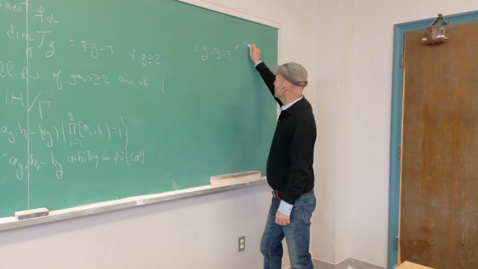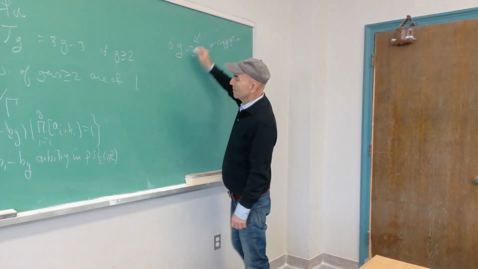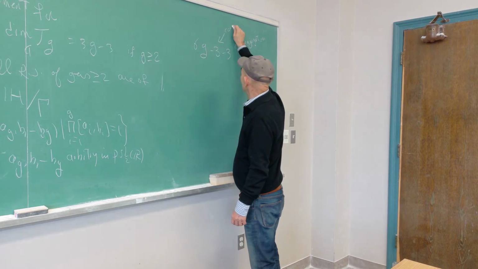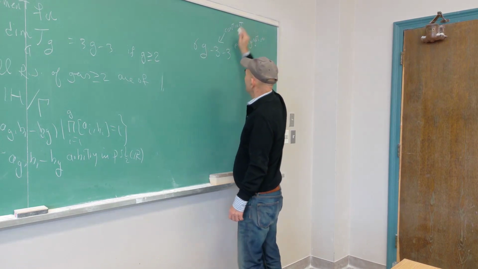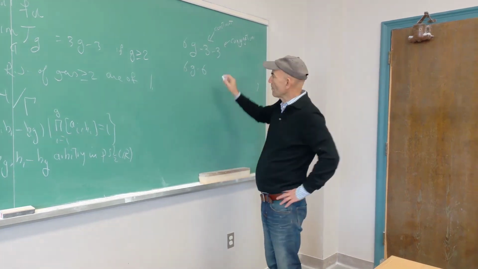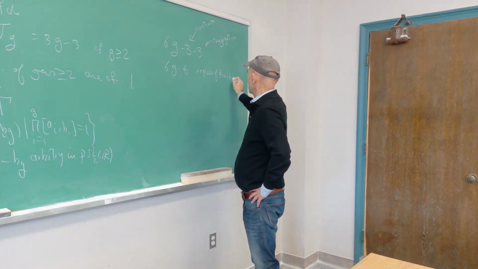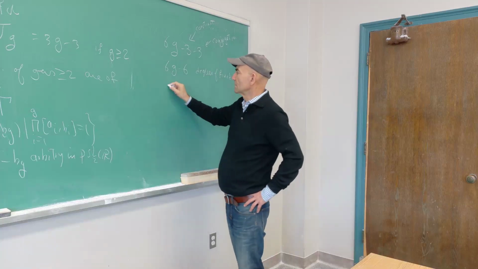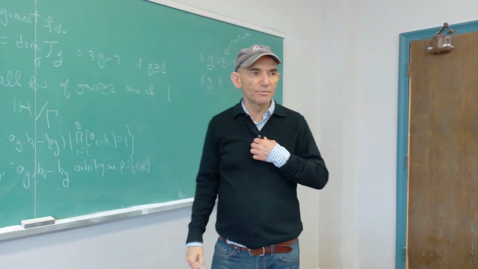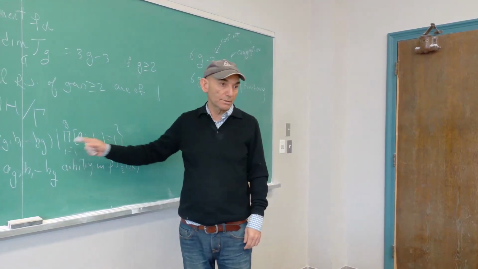This is because of conjugation, and the other one is because of the constraint star. So in total, we get 6g minus 6 degrees of freedom, which is complex 3g minus 3. So this is really related to these guys.